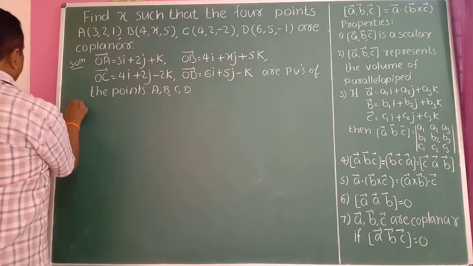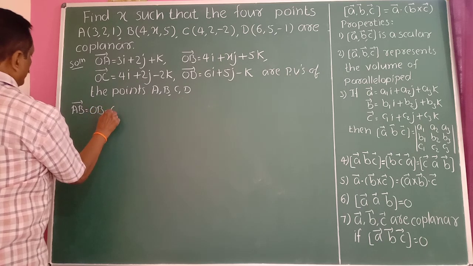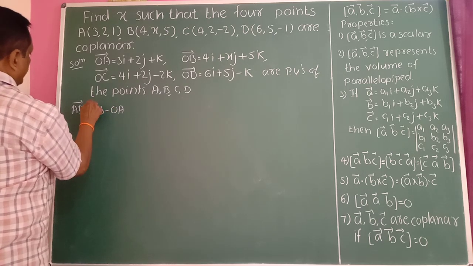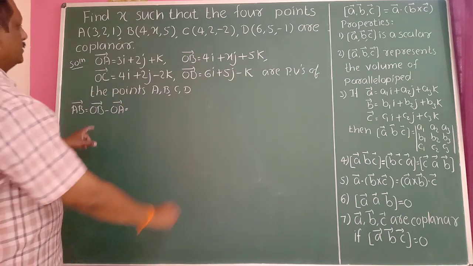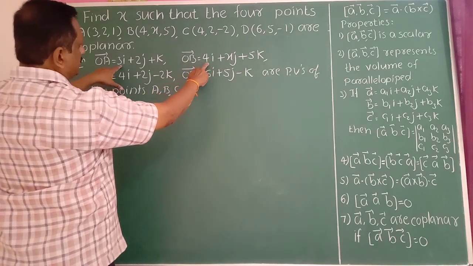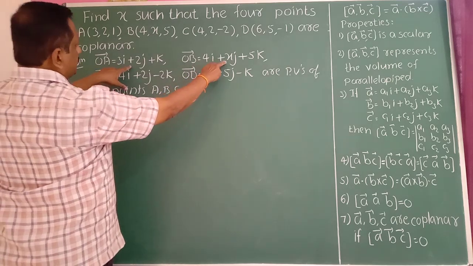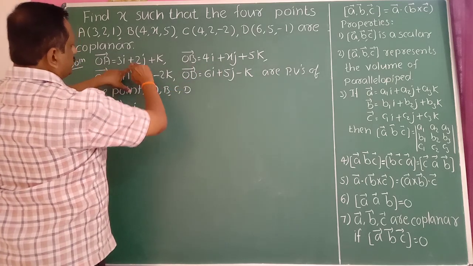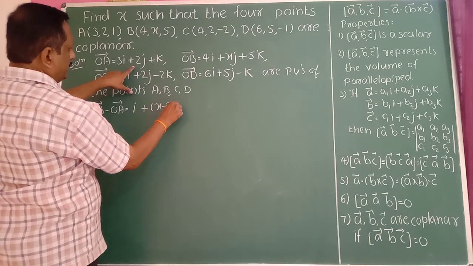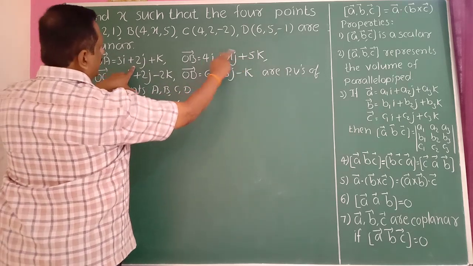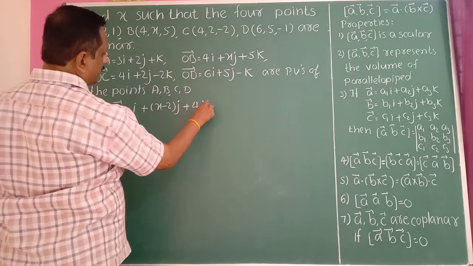AB is equal to OB minus OA. That is equal to 4i minus 3i is 1i here, and xj minus 2j, (x minus 2) into j, 5k minus k becomes plus 4k.